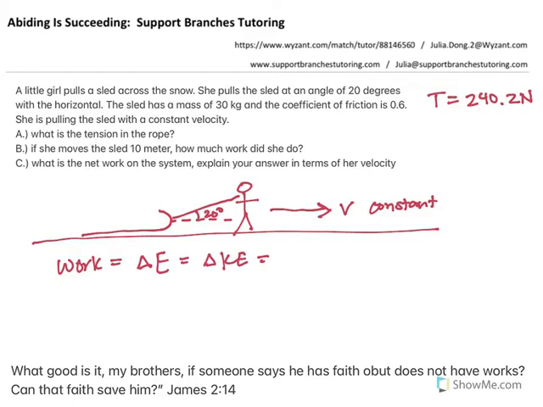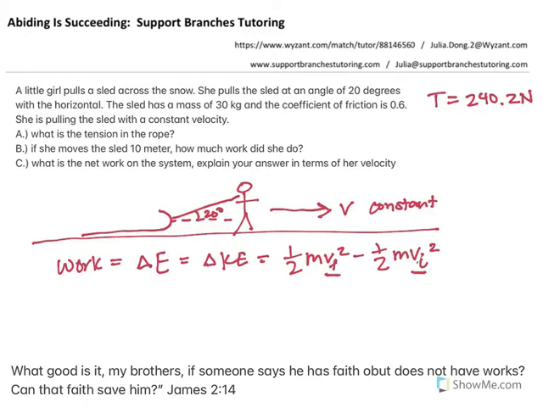And our kinetic energy would be 1/2 m v final squared minus 1/2 m v initial squared. But she's moving at a constant velocity, right? And so we don't really necessarily have a change in velocity here.